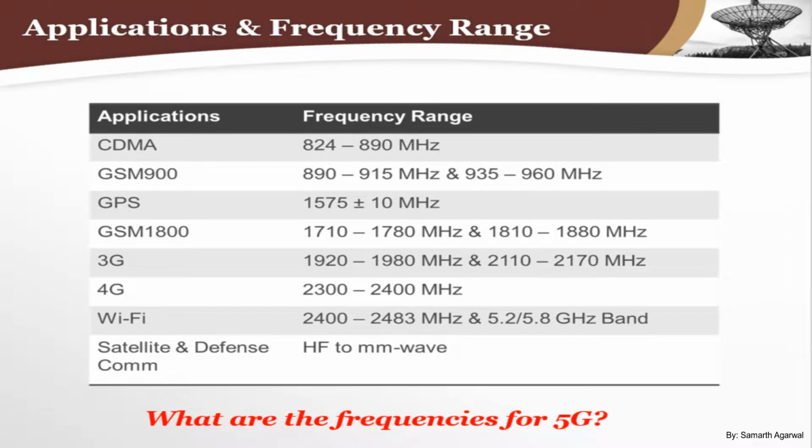Note that these frequency ranges which I have defined are basically internationally defined ranges, but they may vary from country to country. Now, you may wonder, since satellite and defense communication already have high frequency to millimeter wave, how will 5G get its frequency band allocation?